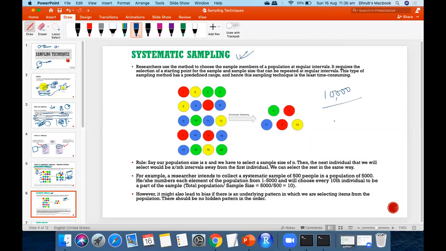So while doing sampling, I would consider that as my starting point. I know the number of data points in my population, and say I have to draw a sample of 1,000 people out of these 10,000. So what I can do is number all the people from 1 to 10,000.